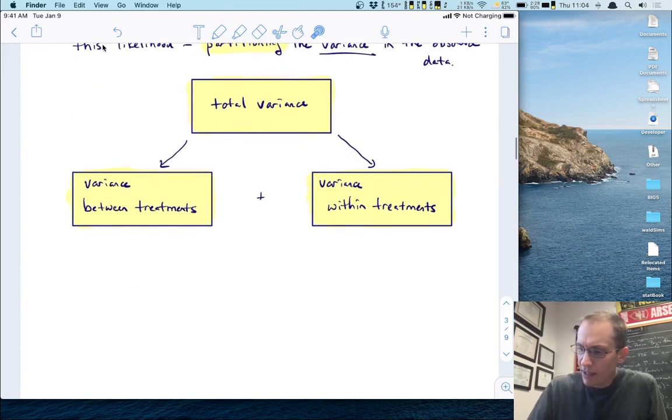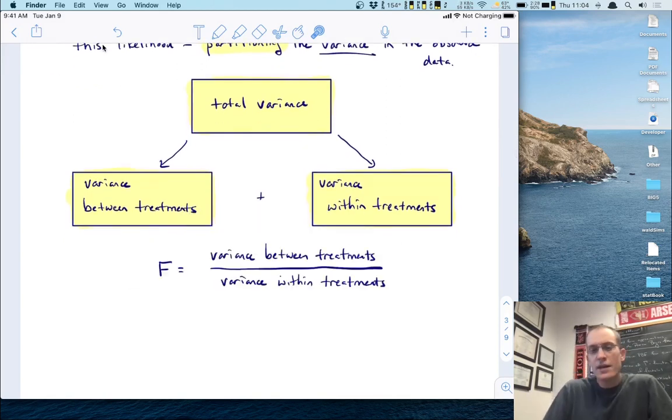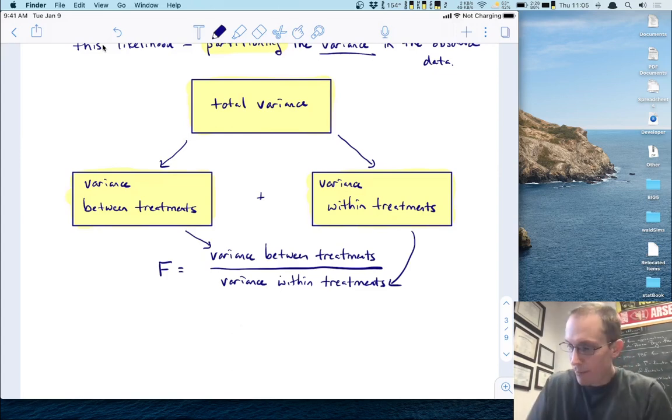Well, this is good because Fisher figured out that if you then compute the ratio of those two variances, specifically the ratio of the between treatment variance and the within treatment variance, like this, we call that F, now for Fisher. That ratio, that statistic, if you will, has a really interesting property.